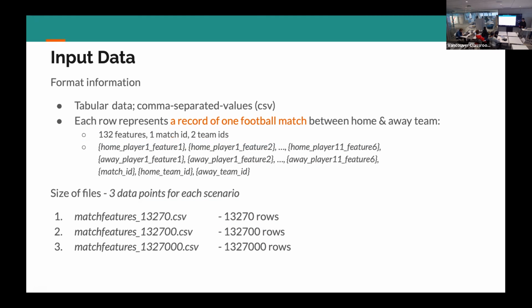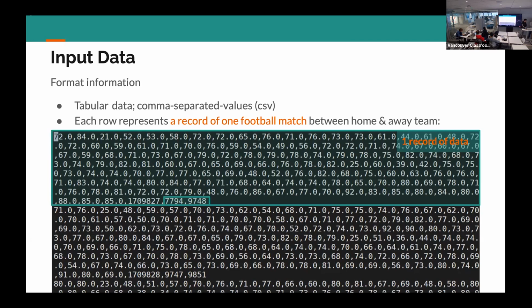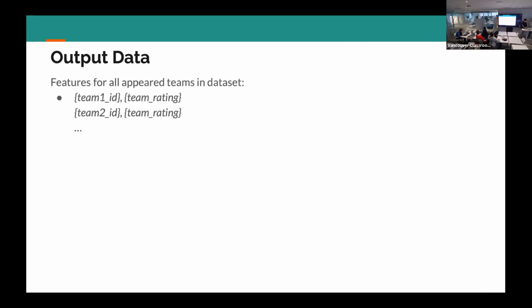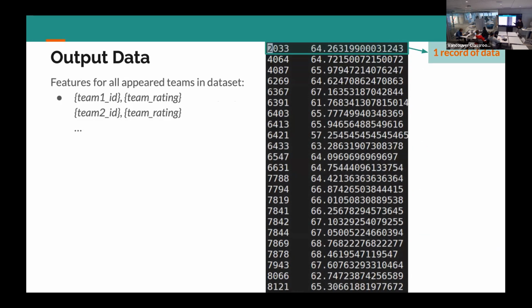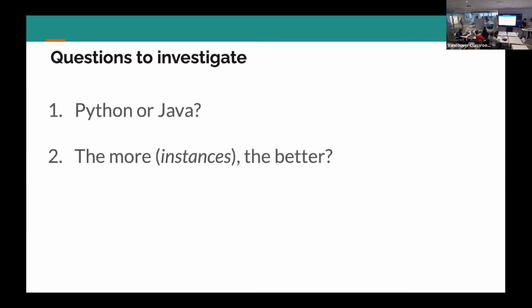We have 3 files to test, so there will be 3 data points, each of them varying in number of rows. And the output data will be in key value pairs of team ID and the ratings for each team. As you can expect, there is more boring data in the output here. So this will be one record of the data.